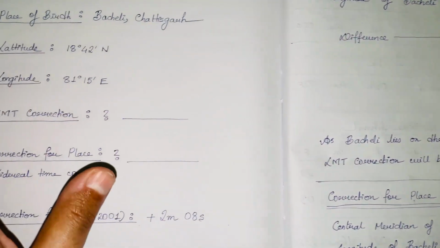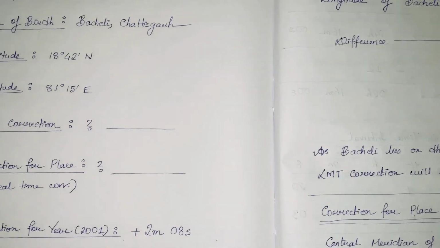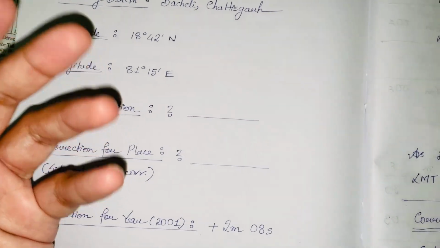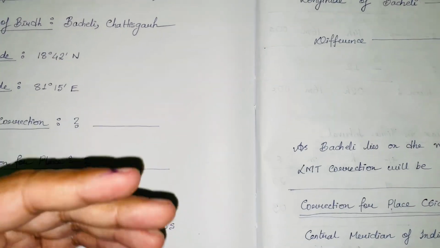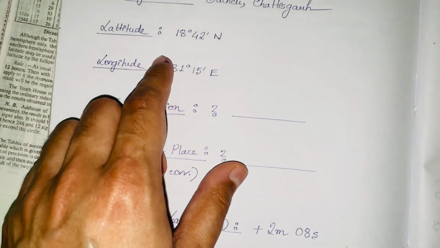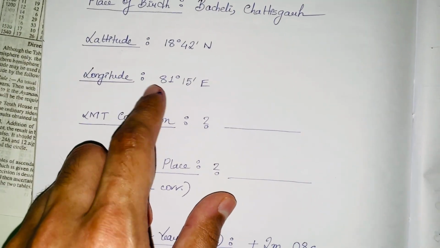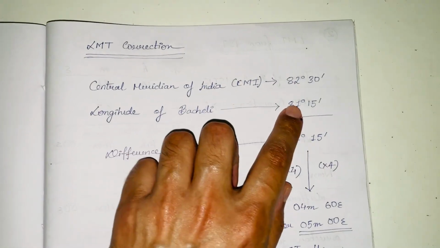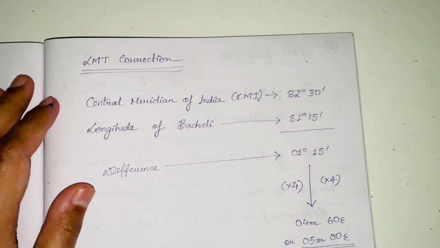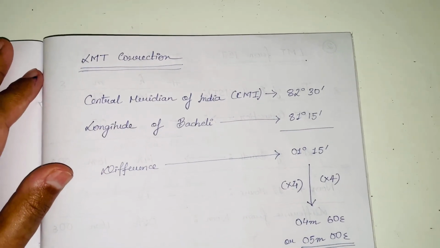What we are focusing on is the numerical value we need to work with. So the longitude is 81 degree 15 minutes. This is what I have written over here, 81 degree 15 minutes. Now what you need to do is find out the difference.